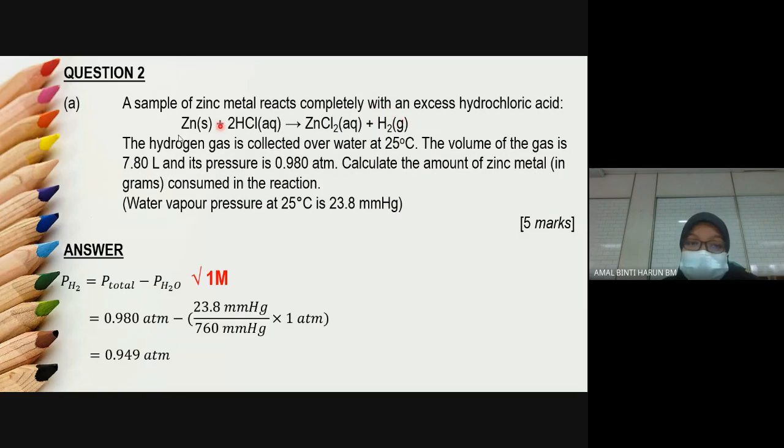The 7.8 liter volume and the 0.98 pressure are not the pressure of hydrogen alone. So we take the total pressure minus the vapor pressure. Why do we subtract the vapor pressure? Because it is collected over water, so the gas mixture also includes water. We remove the water and get the pressure of hydrogen gas only, which is 0.949 atm.